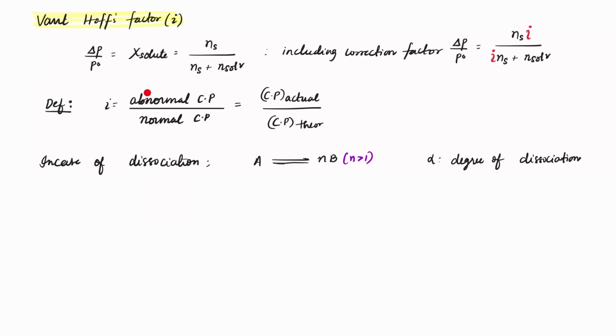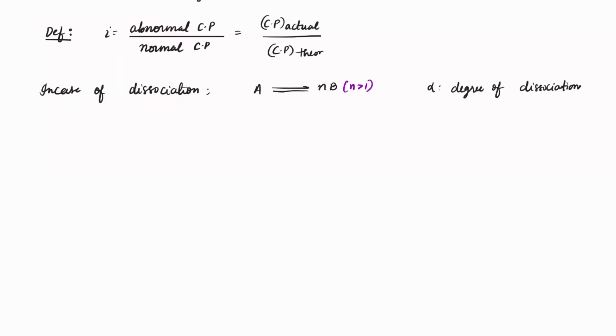It is defined as abnormal colligative property upon normal colligative property, or colligative property actual amount by colligative property theoretical amount. Now, how do we calculate that in terms of various terms? Check it out. Imagine there is a dissociation happening and I took 1 mole of electrolyte, and this electrolyte is converting into n moles of some new ion.